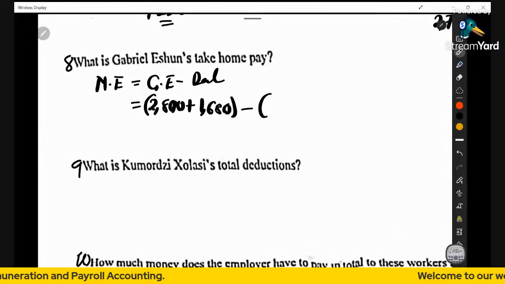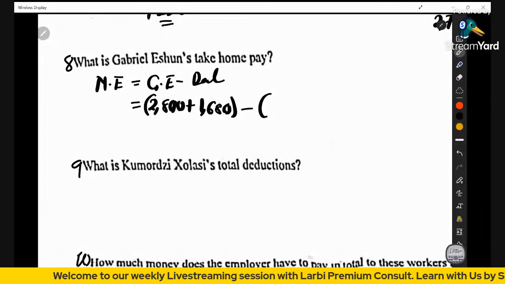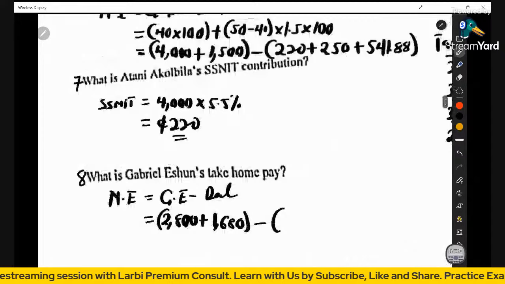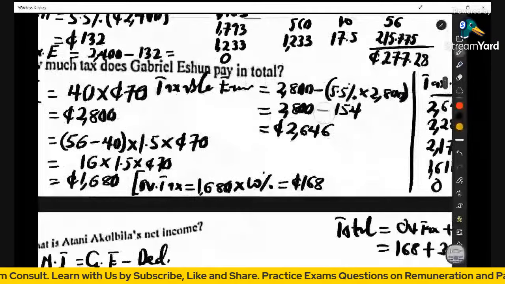All right, so once we know the 2,800 being the regular income or the basic earning, we can also calculate the tax. I think we also calculated the tax even from question 5, where we wanted the taxable earning. Yeah, this one we can see.